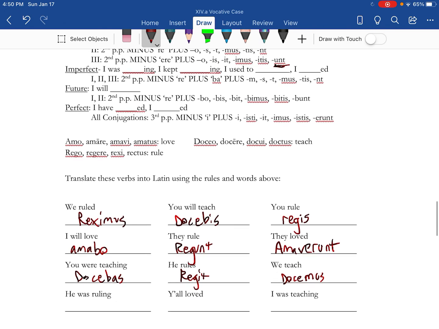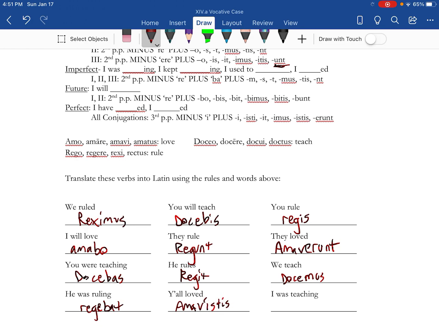He was ruling. The imperfect says second principal part minus the re plus ba. Then he, she, it is t. Y'all loved. Third principal part minus the i plus isti is istis, and we want the istis here.